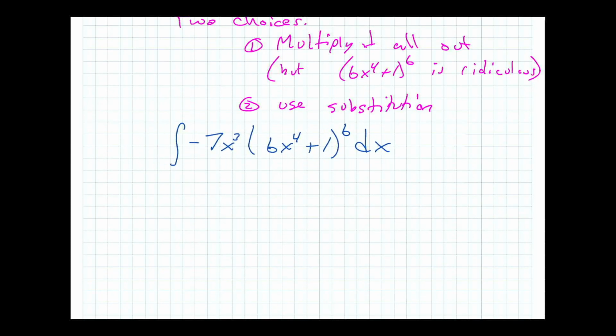Okay, so here we go. This is our integral. So obviously we're going to use substitution. Just like the previous problem, you choose your u to be the inside function.